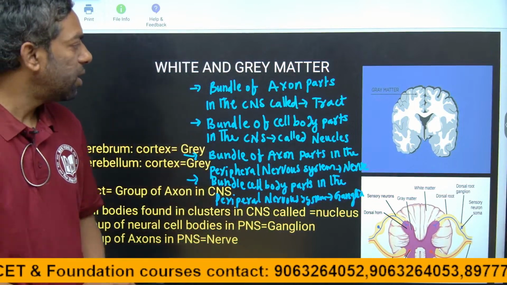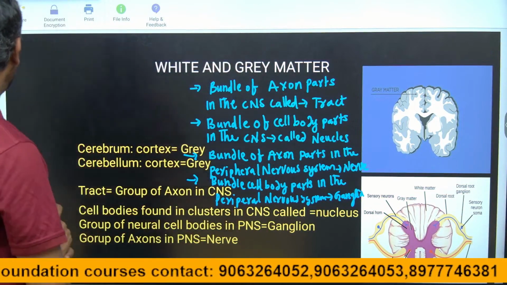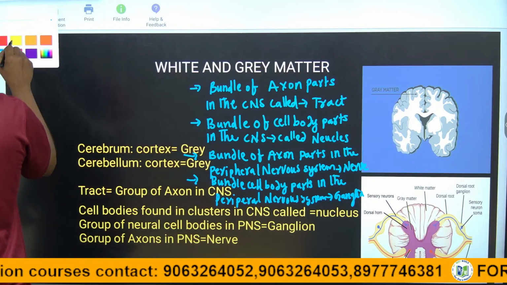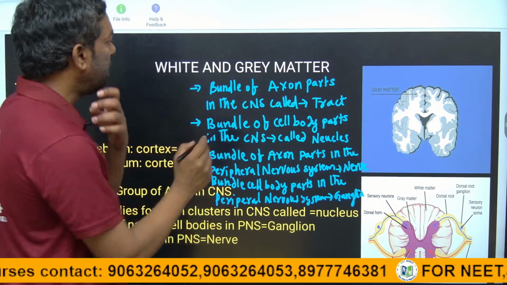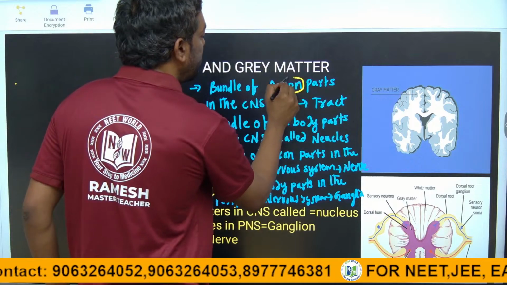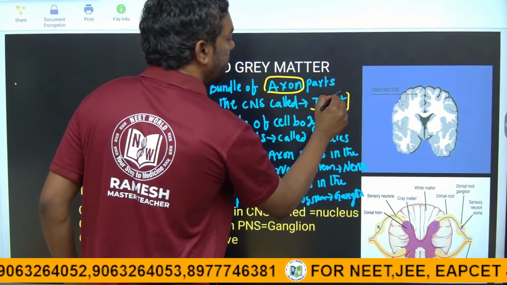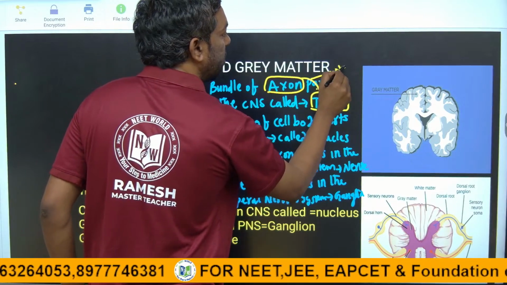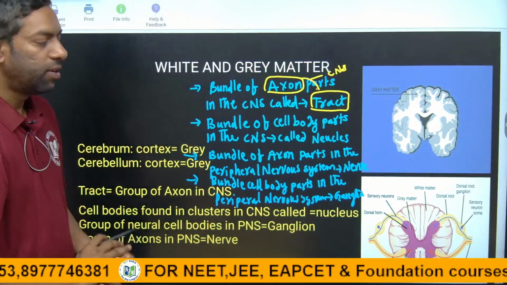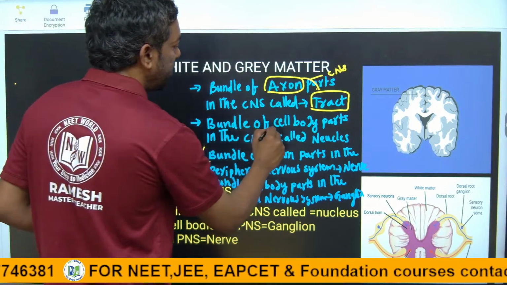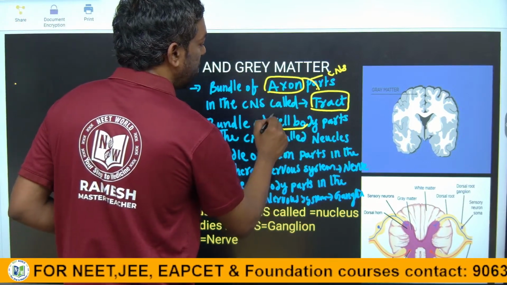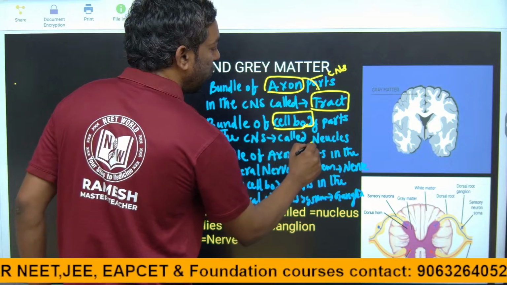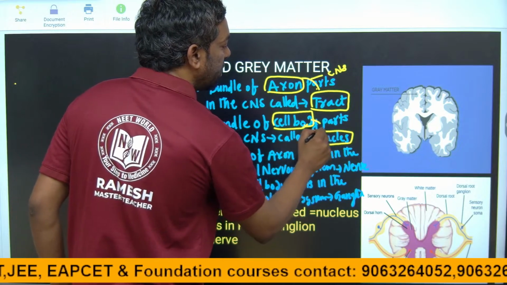These are the words you have to remember, guys, from the exam point of view. A bundle of axon parts is called a tract in the central nervous system. A bundle of cell body parts is called a nucleus in the central nervous system.